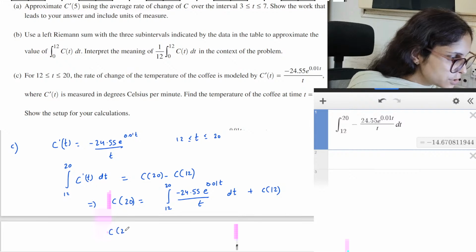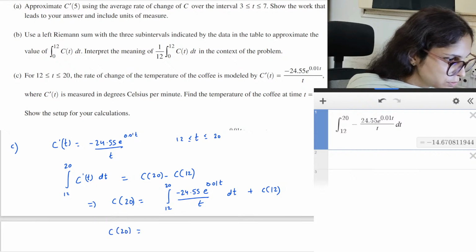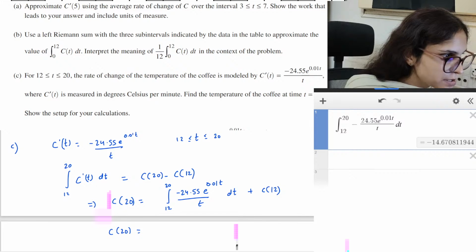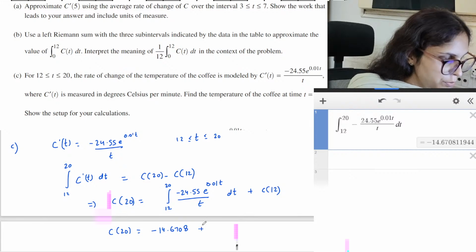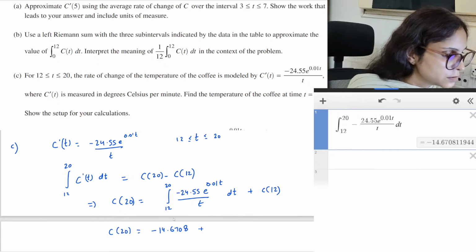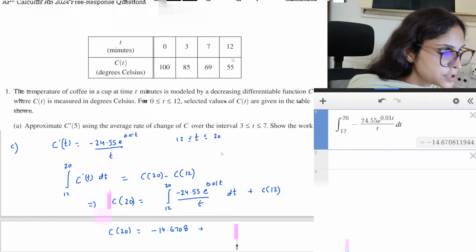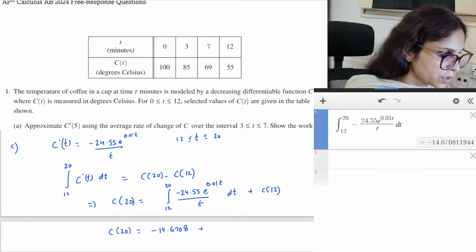And now we just have to check what is the value of C of 12. So from here, C of 20 would be equal to negative 14.6708 plus, if you go back to the table, C of 12 is 55. So we will be adding 55.